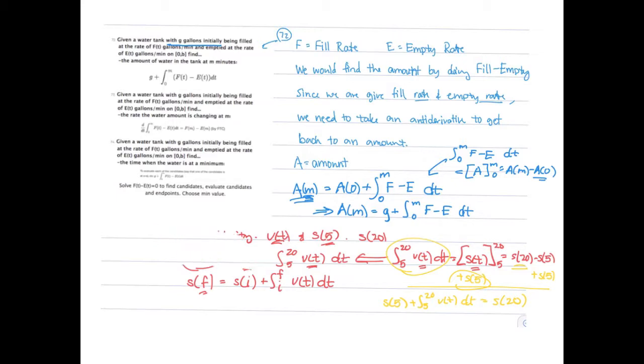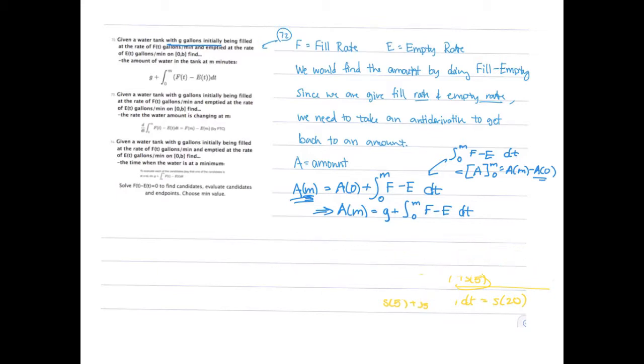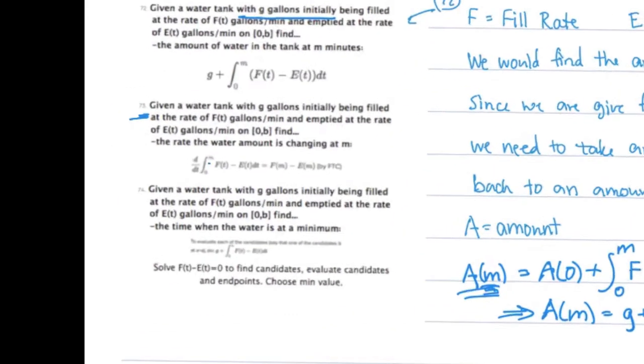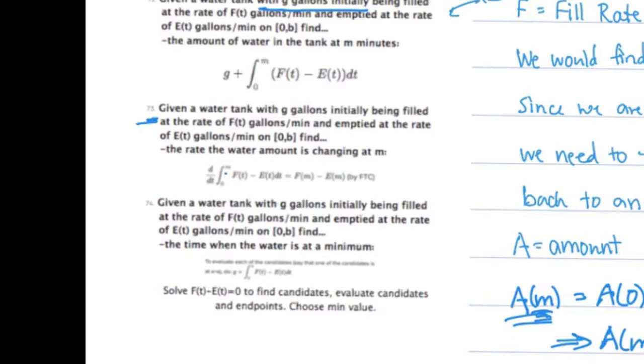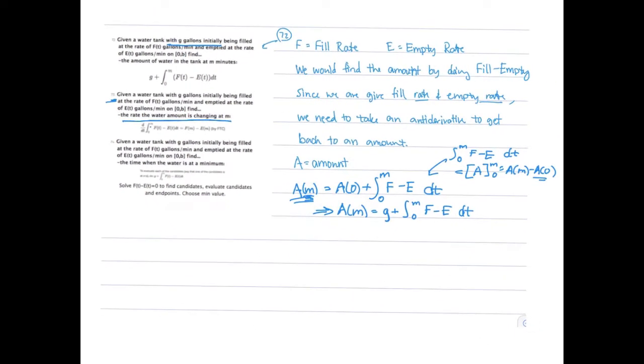Okay, so now that we have established that A of M equals G plus the integral from 0 to M of F minus E, let's dig deeper into this question. Given the same initial information, find the rate the water amount is changing at time M. The rate at which the amount is changing, so this is number 73, is just A prime of M, okay?